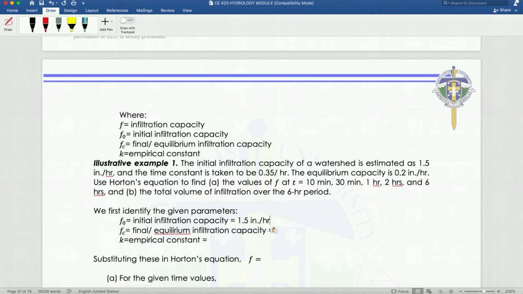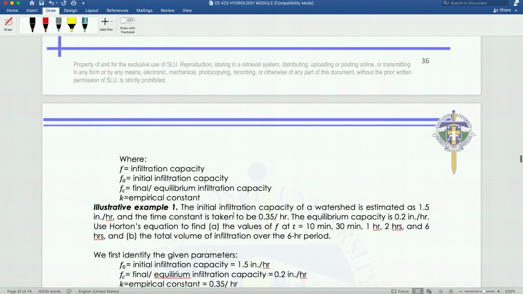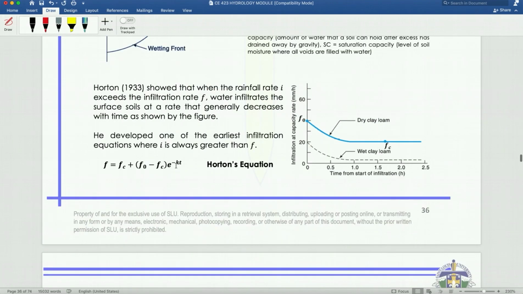Fc is equivalent to the equilibrium capacity, 0.2 inch per hour. So this is our Fc, and our empirical constant happens to be 0.35 per hour.